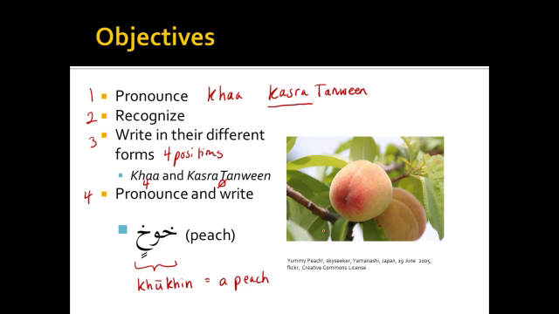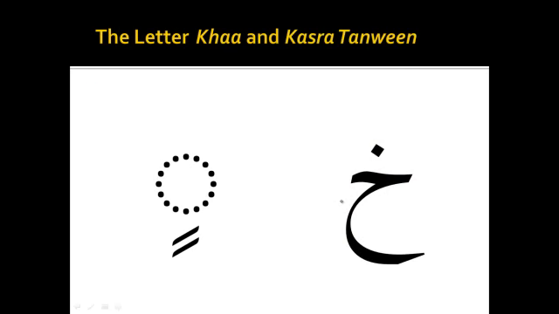Let's look at the Arabic alphabet and see where our letters show up. Before we do that, actually, let's just talk about the pronunciation of the Khaa and the Kasra Tanween. So we have here the Khaa and the Kasra Tanween. So the Khaa here, and I'm writing it as a KH.